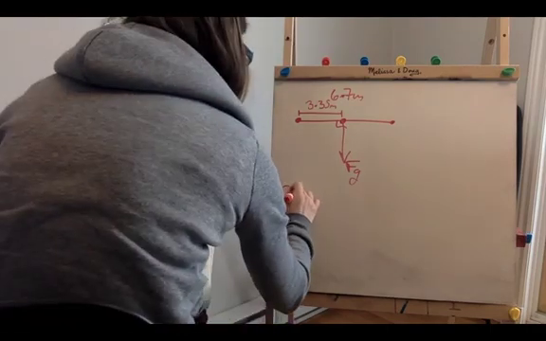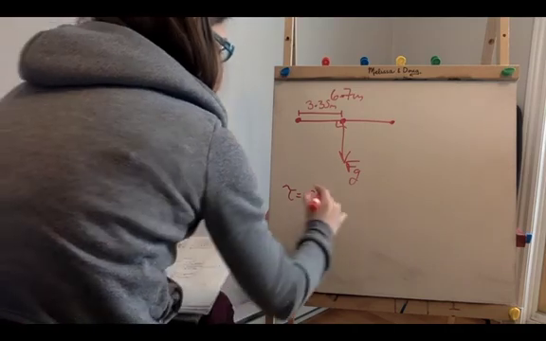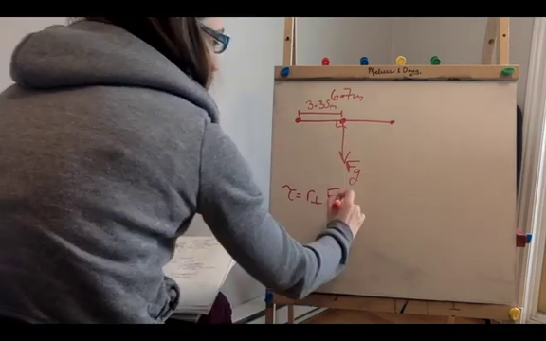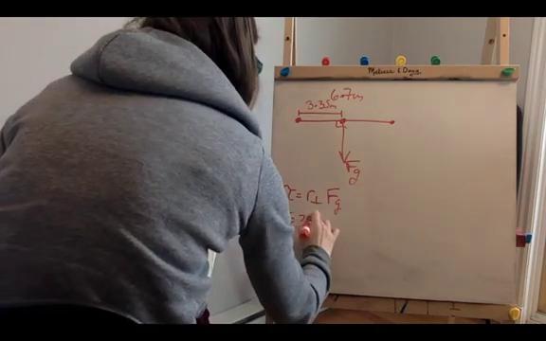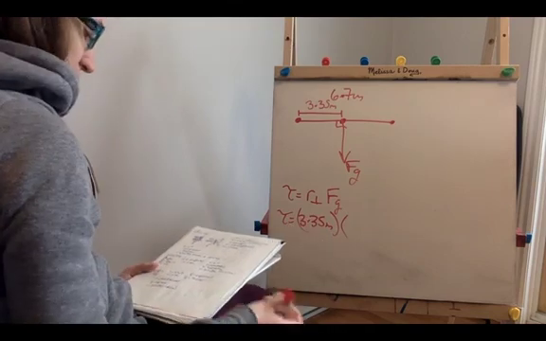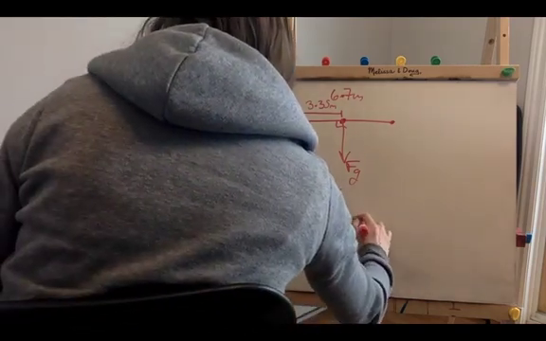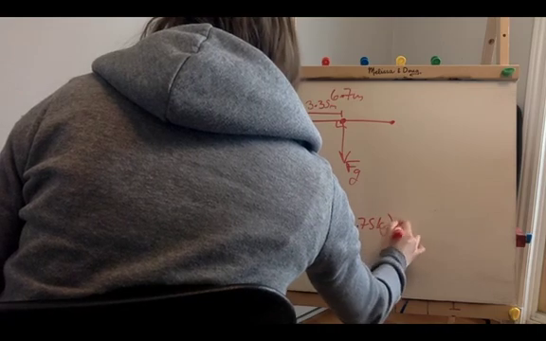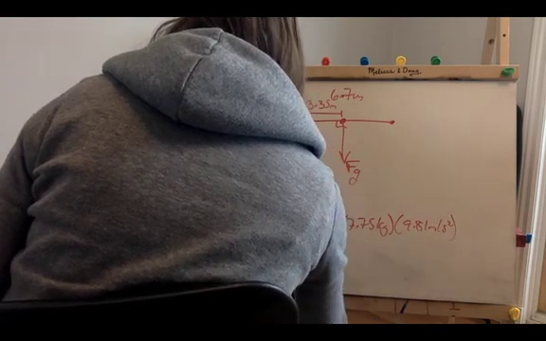So to find your torque, that lever arm multiplied by your force, which in this case is force of gravity. So this value is your 3.35 multiplied by that force of gravity, which is your mass times 9.81. The question tells us the mass is 7.75 kilograms multiplied by 9.81 meters per second squared.